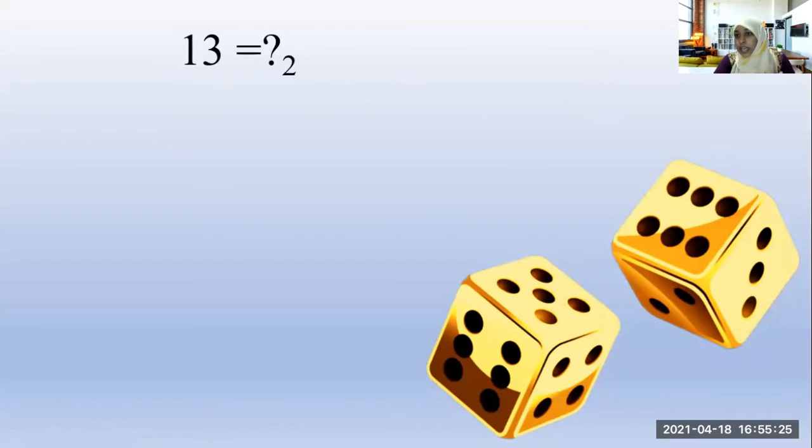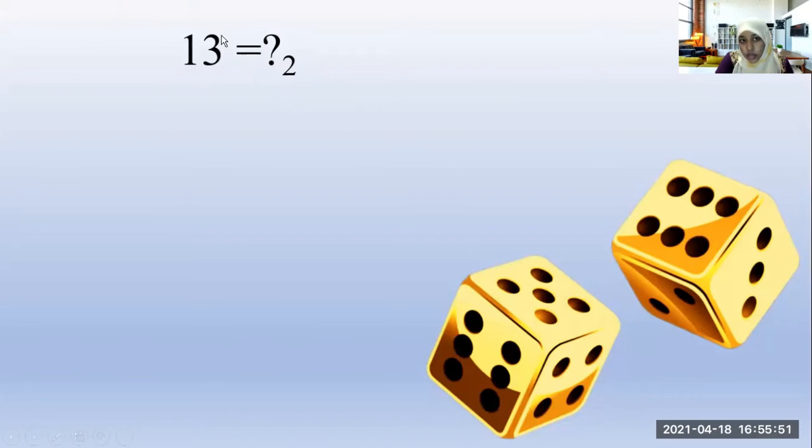It is easy if you write it down like this. Read the question first and then write near the question: they are asking to convert 13 equal to what? Base 2, a binary number. Here I don't know the answer, but I know the base.